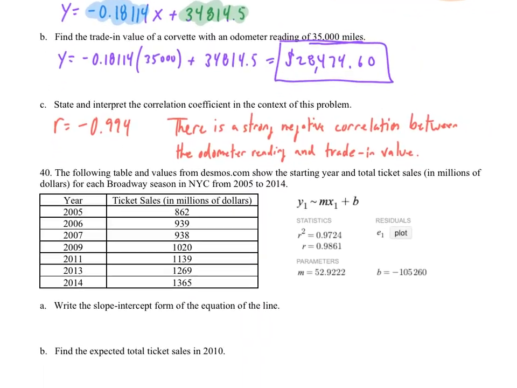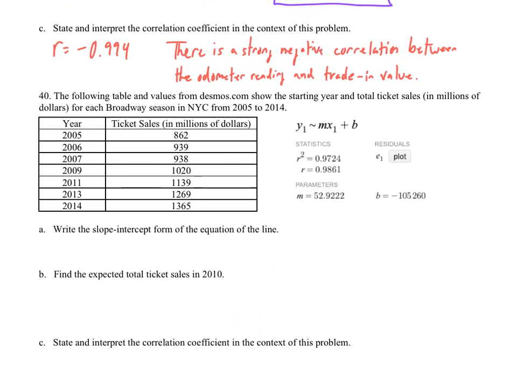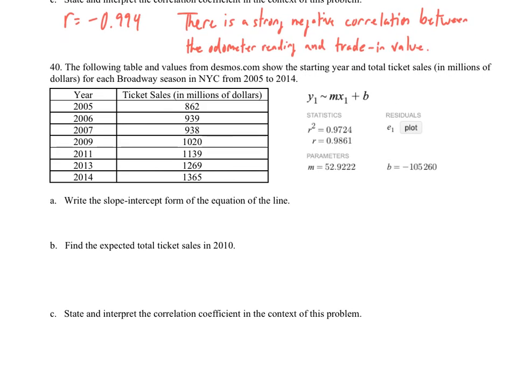Okay, so that was pretty simple. This table is showing us values for year, what year it is, and then how many millions of dollars of tickets were sold at Broadway. So same thing here. We're just going to take our slope and our y-intercept and write our equation.